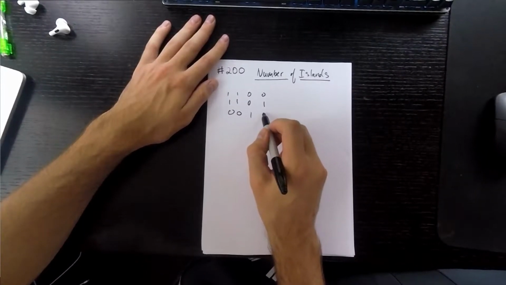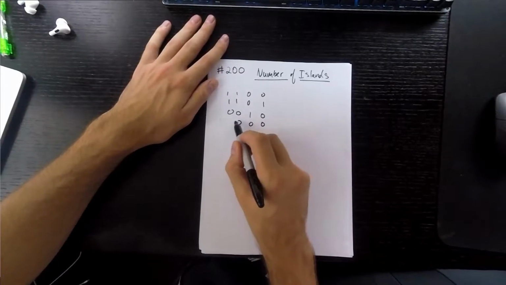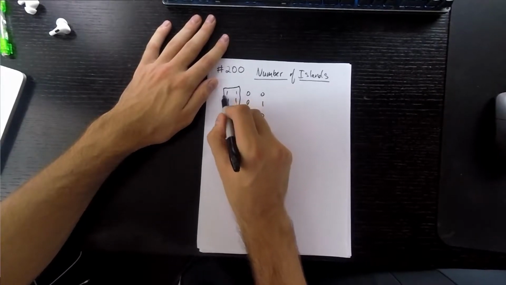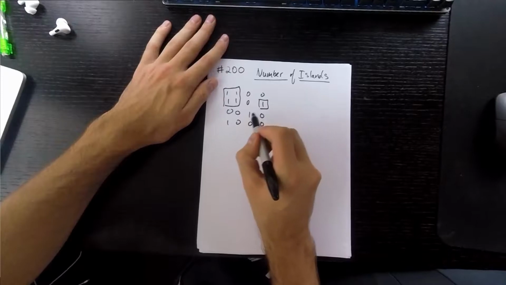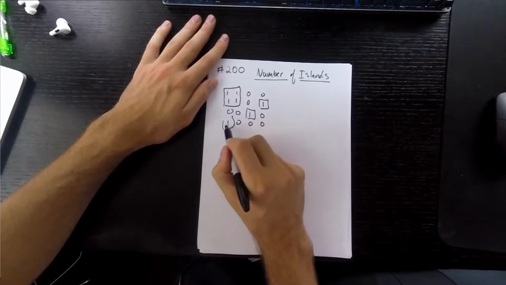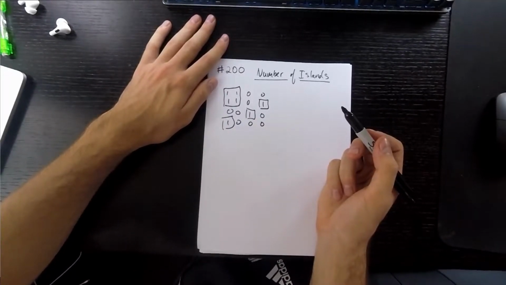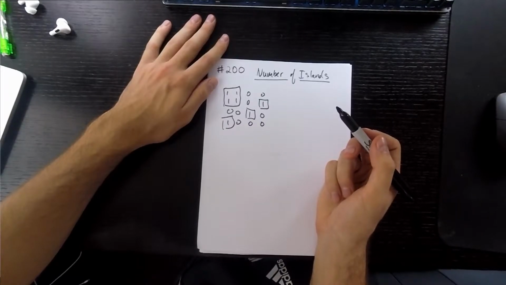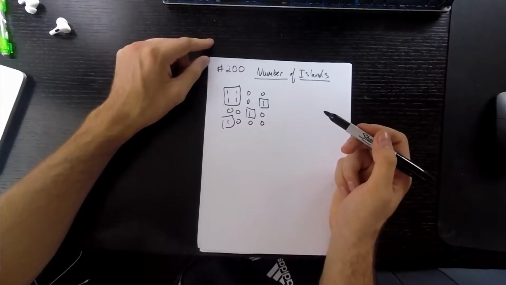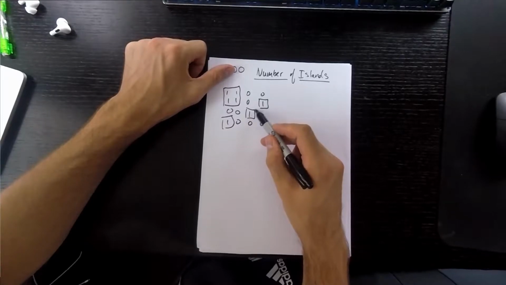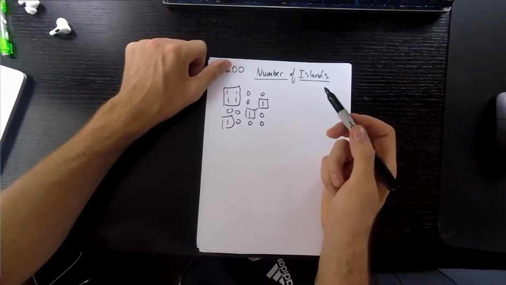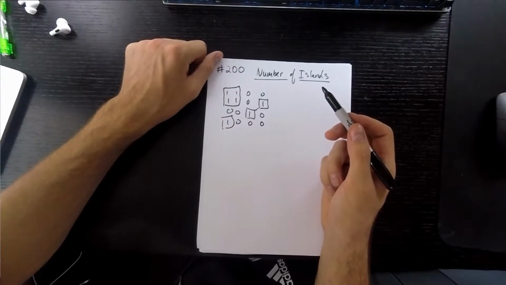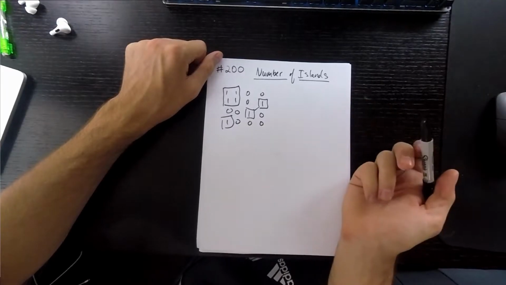So in this example I just made up, this would be an island, this would be an island, this would be an island, and this would be an island. Anything that's connected from the top, bottom, left, or right counts, so these are two islands because this diagonal connection does not count as one. So return the number of islands.